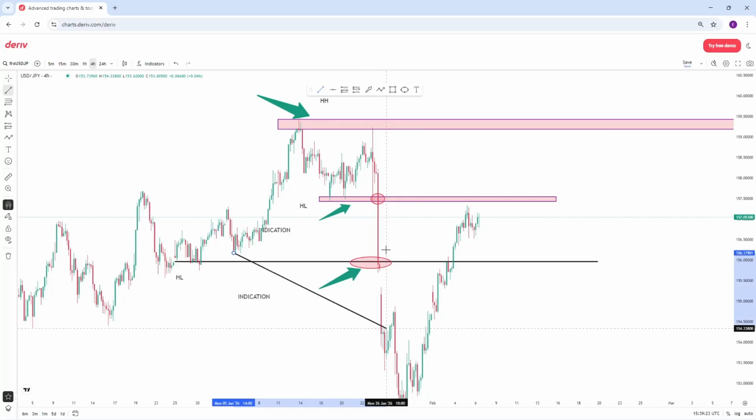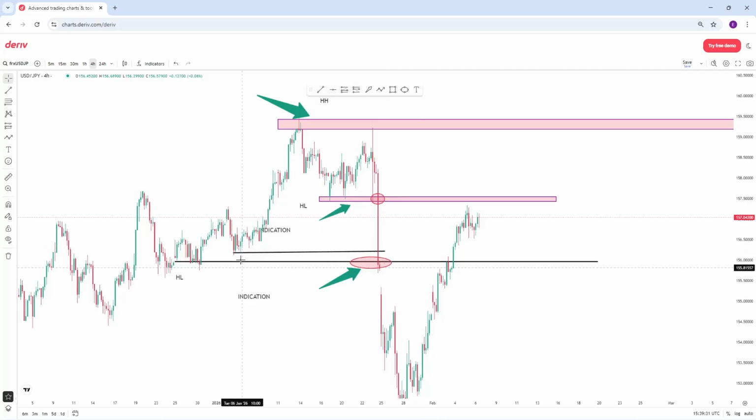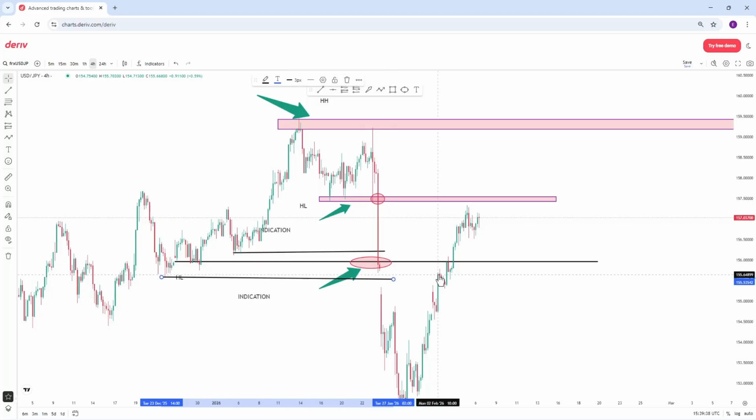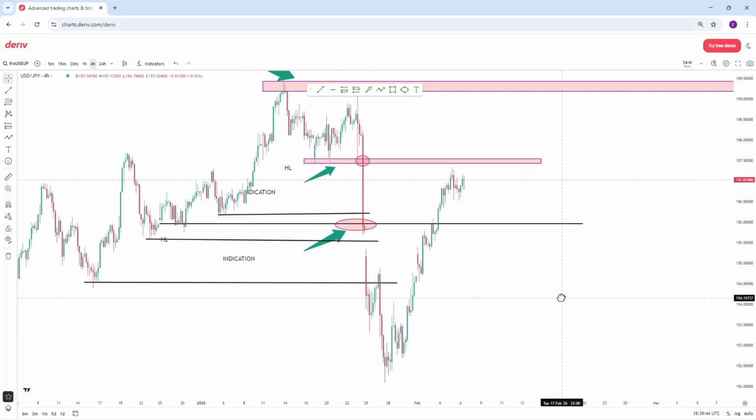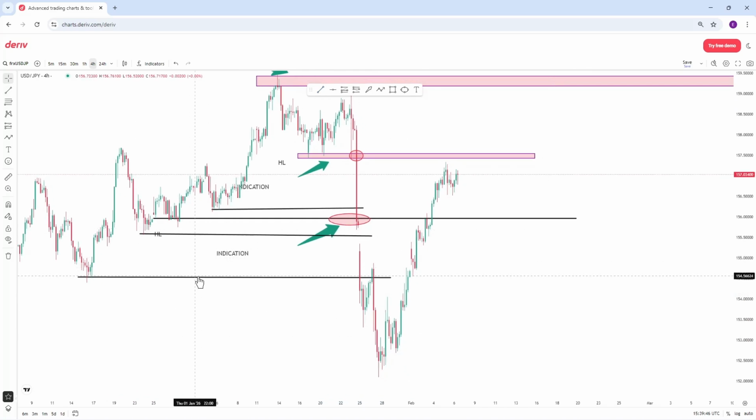These lows broken. Another low broken. Another low broken. Another low broken. See it? All these lows have been broken.